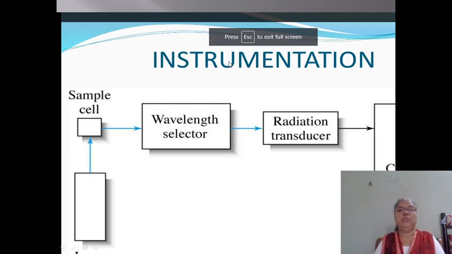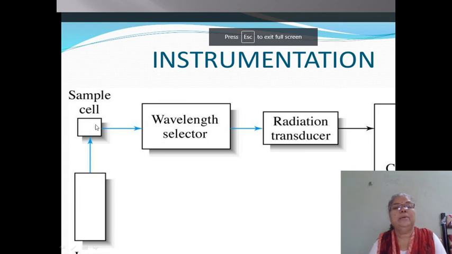Then the instrumentation of Raman spectroscopy. Here it is a sample, then here it is a source of light, usually a laser, and the light is incident on the sample at a right angle.